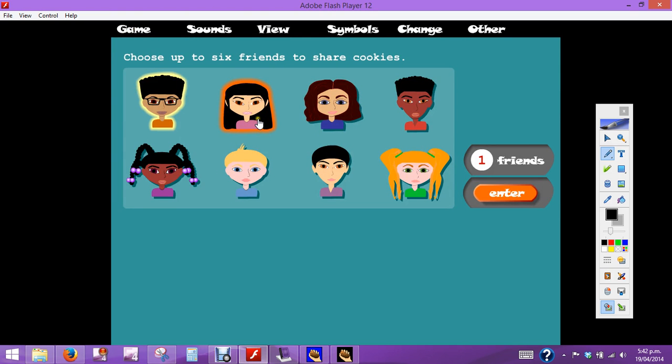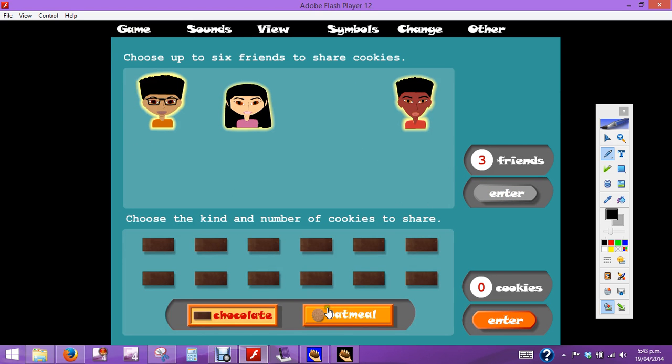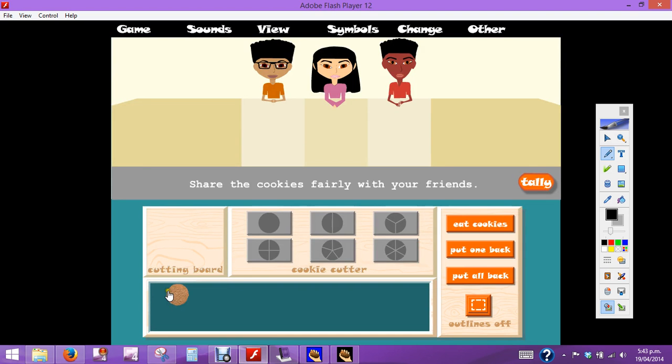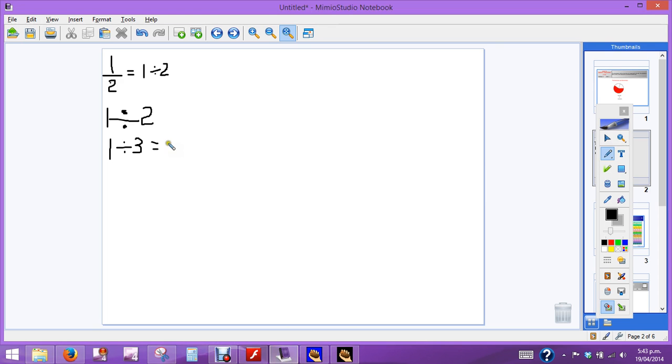So let's have her, and him. 3 friends that I'm going to divide the 1 cookie up between. So I'm going to use a cutter that evenly cuts that cookie into 3 equal bits. So 1 cookie divided into 3 bits gives me 1/3 of a cookie each. So 1 divided by 3 is 1/3.